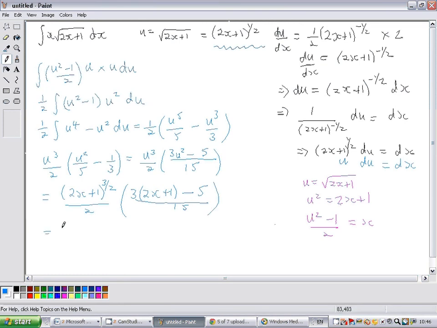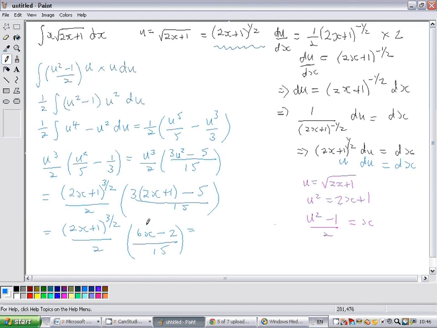That's over 2. Let's see how much of this we can do in our head. So it's 6x at the front. Got plus 3, take 5. So that's minus 2 over 15. Now this term here has got a factor of 2. And we have a 2 on the denominator here.